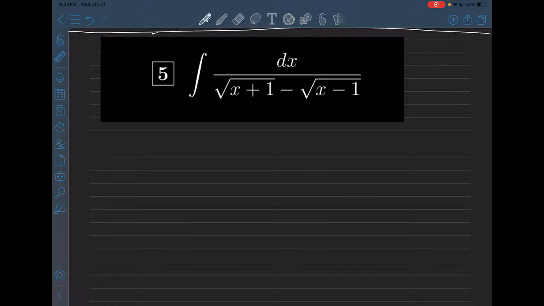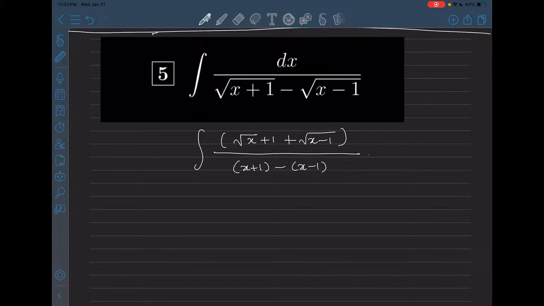Okay, guys, I think rationalizing will help. Let's do that. So if we rationalize, this will just be root x plus 1 plus root x minus 1 over x plus 1 minus x minus 1 dx, right? So that will just be half, and then x plus 1 to the power half. This was actually an easy problem, guys.